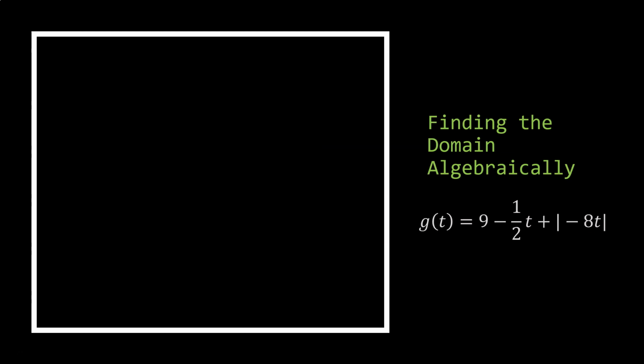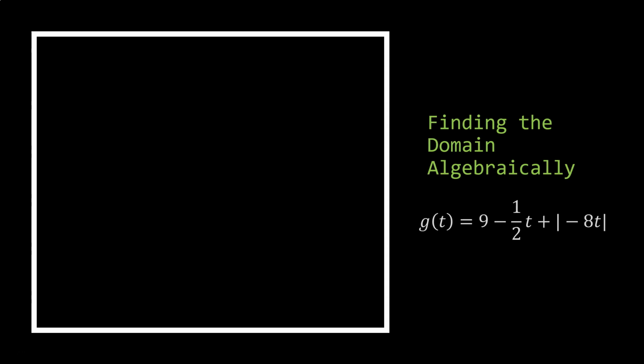Find the domain of this function g of t, right? That means t is your input and g of t is your output. And since we're looking for the domain, we're looking for the restrictions really on the t value. So what is being done to t, the input?